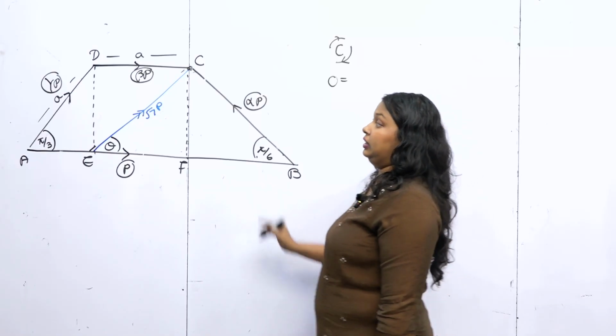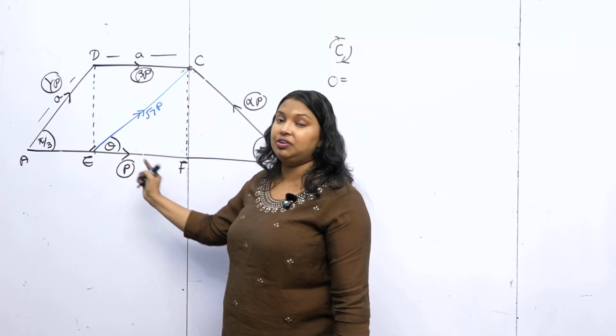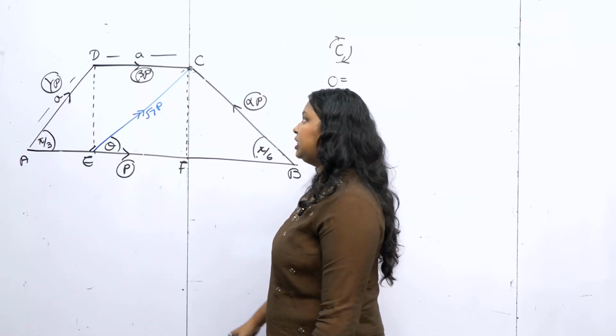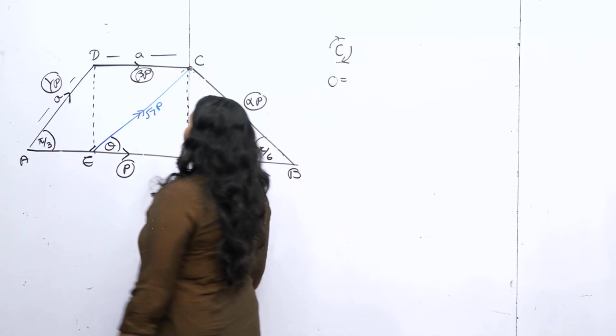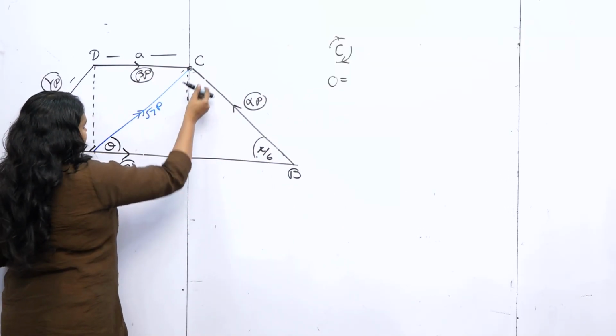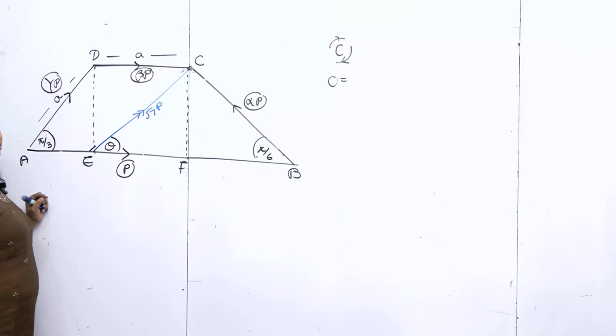Is it clear? That should be equal to moments from all the other forces around C. You don't need to take moments from this one and this one. You take moments from the other ones.